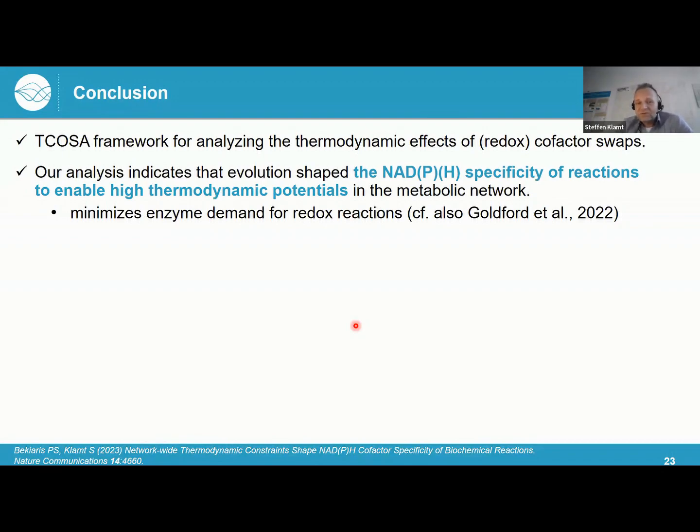This result is also consistent with the work of Goldford and co-workers published last year, because they found that the redundancy of cofactors minimizes the enzyme demand in the network. And of course, this is consistent with our finding because higher thermodynamic driving forces require fewer enzymes in order to establish certain fluxes.